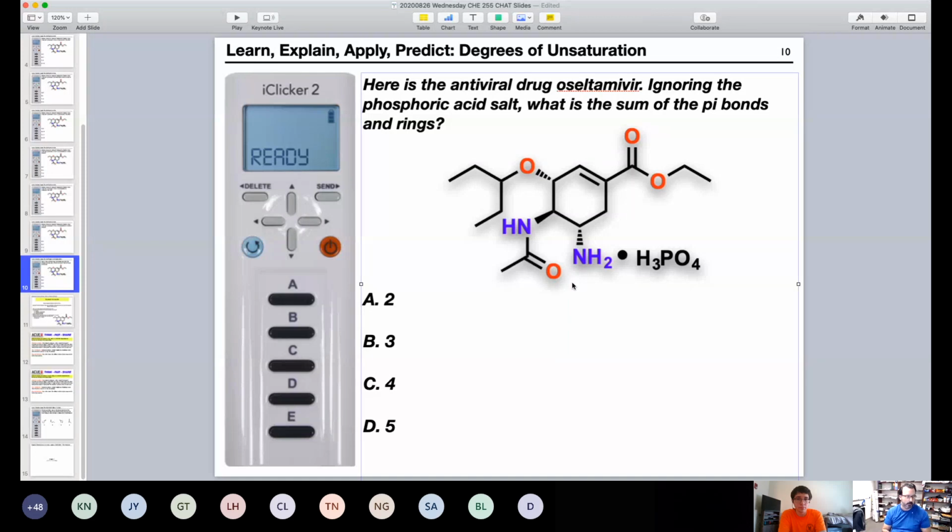What do you think? Just type yes or no into the chat box. What am I asking you? Look at the environment of that CO pi bond. Does it have the same bonding environment?